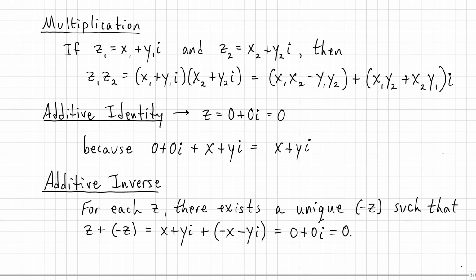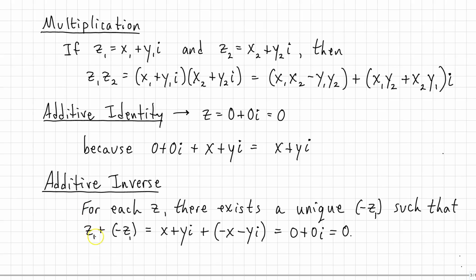So if you pick any complex number, we'll call it z1, there will exist a negative z, or an opposite z, such that when you add them... So for each z1, so each complex number, there exists a unique opposite of z1 such that z1 plus its opposite will give you the identity, the additive identity.